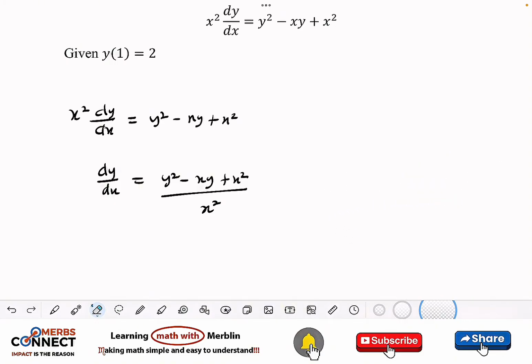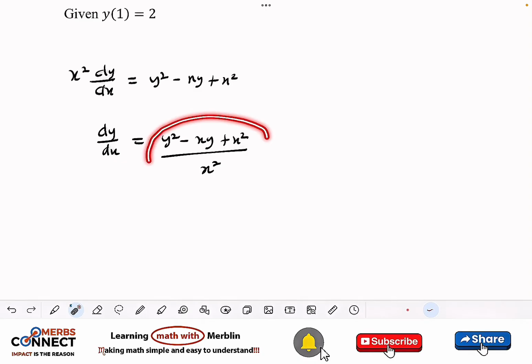The next thing to think about is separable. Here we cannot separate y from x, because we have y squared and also just y. So separable is not going to work.